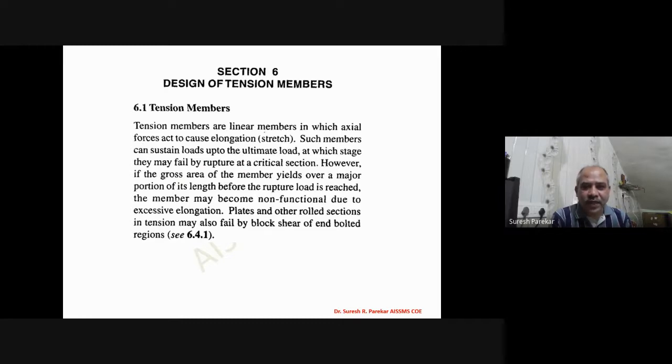So first, axial forces cause elongation, and then there will be a rupture at critical section. However, second, we have the gross area of the member yields, and third, we have block shear strength. So these 3 criteria we have to study for tension members.